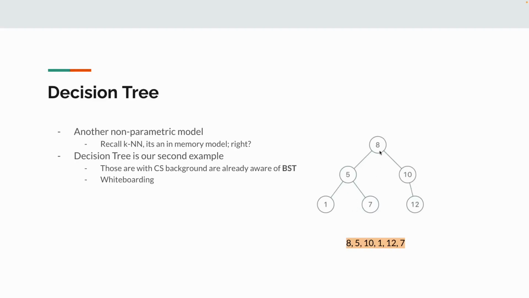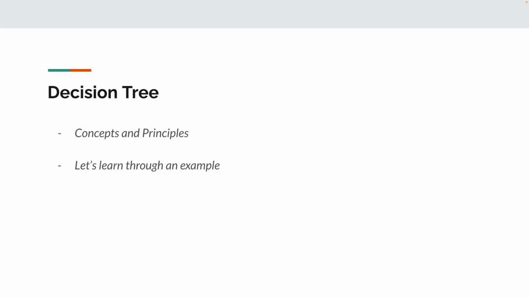You start with 8, and some data points go to the left side and some others go to the right side. If you pay attention, at each node we are dividing the data. This is the general idea of a tree-based model. We will apply this same idea in this specific machine learning model, and learn the basic concepts and principles of the decision tree through an example.